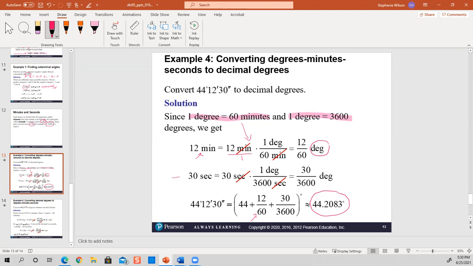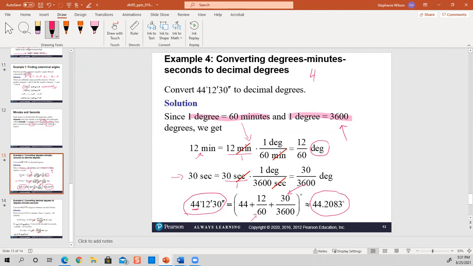Now we're going to do the 30 seconds. We take what we know and plug it in again. If you need to, put a 1 underneath the 30 and mark out the seconds. If they reduce with each other, then we set it up right. That left me with 30 over 3,600 degrees. We're going to plug it in right here. How do I know this? This is what was given to us, and if you notice, the 44 is already in degrees.